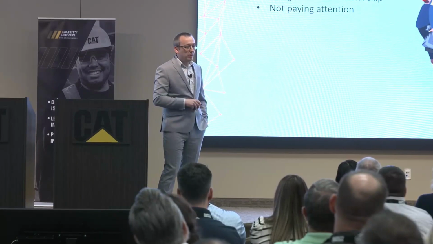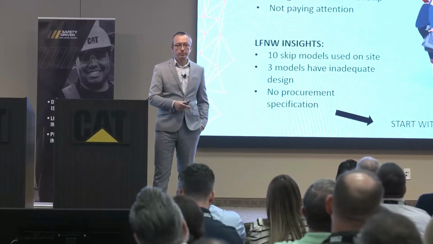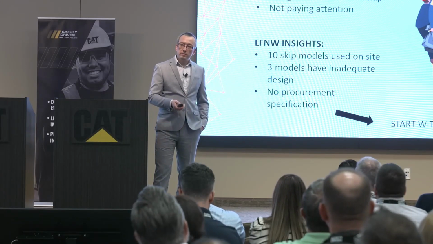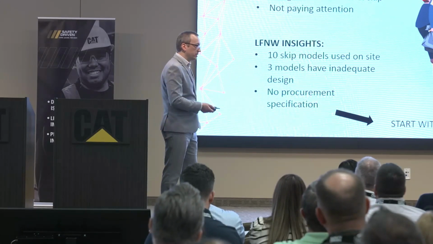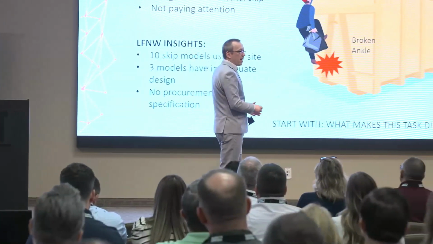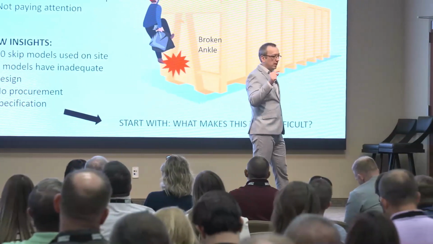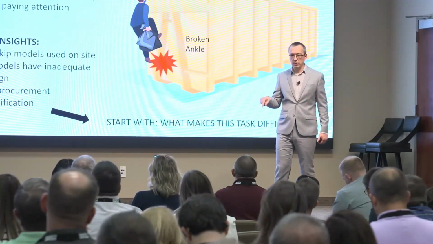did this injury happen to what makes this task difficult, we learned that this is a frequent task. And in fact, on this site, there are 10 different skip models, and 3 of them had the same problem, like the one on which the incident happened.